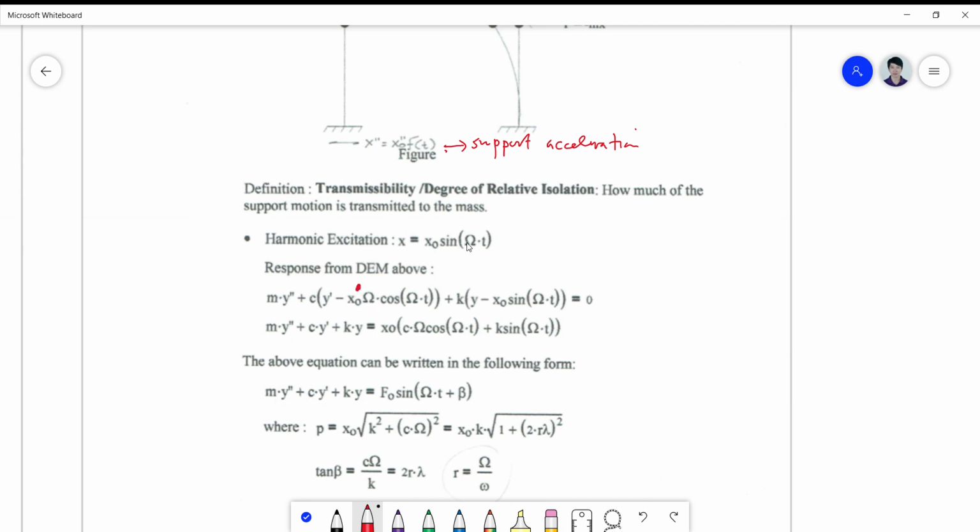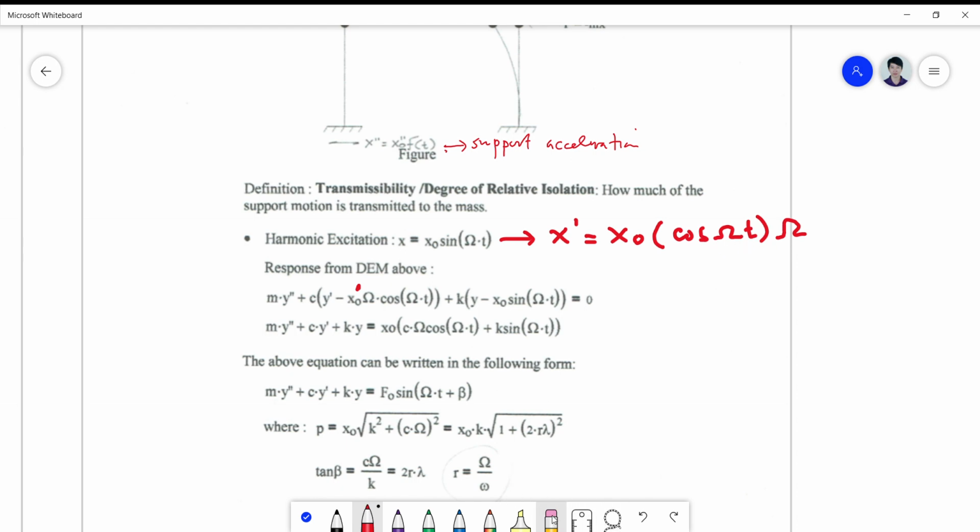So you will notice that the derivative x prime is equal to x0 times the derivative of sine, which is cosine omega t, and then if we take the derivative of the inner expression, we simply multiply it by omega, such that this becomes x0 omega cosine omega t.